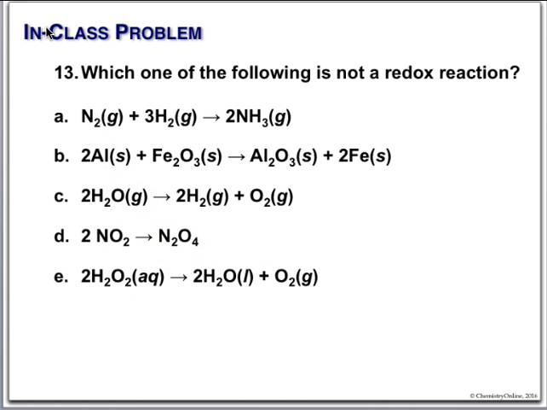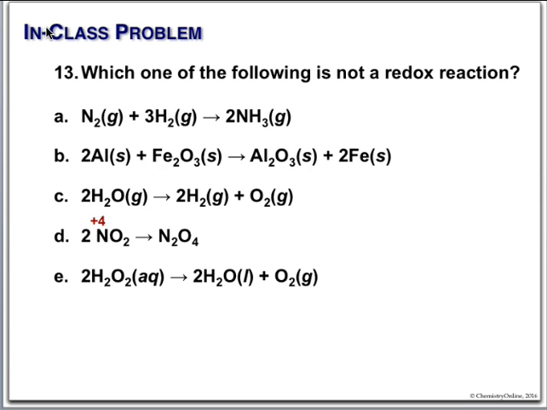Looks like it should be a redox reaction though, doesn't it? Yes, it does, but think about it. If oxygen is a -2, and we have 2 of them, to make NO2 neutral, this nitrogen must be +4, right?